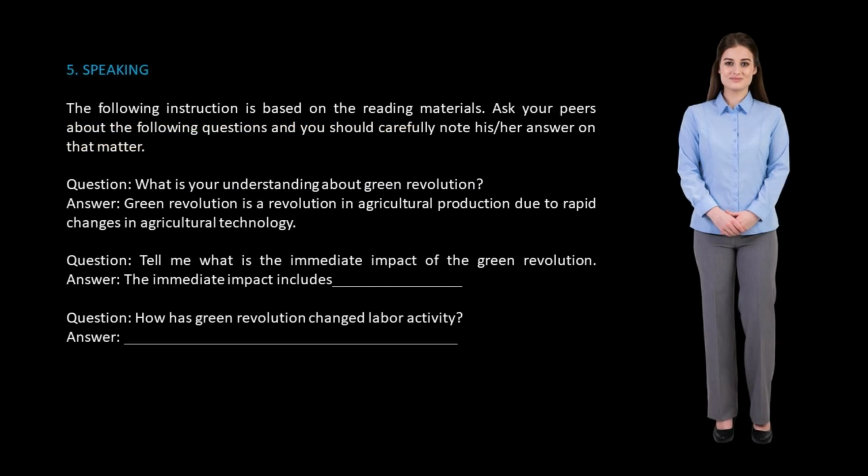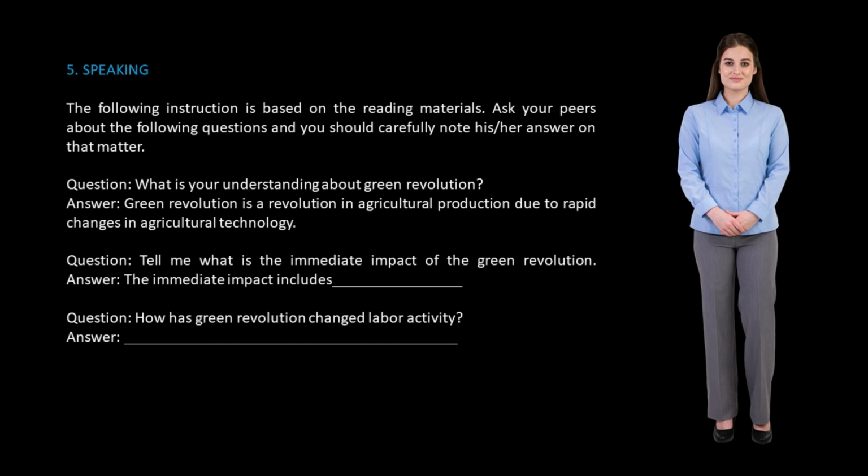5. Speaking. The following instruction is based on the reading materials. Ask your peers the following questions, and you should carefully note his or her answer on that matter. Question: what is your understanding about Green Revolution?